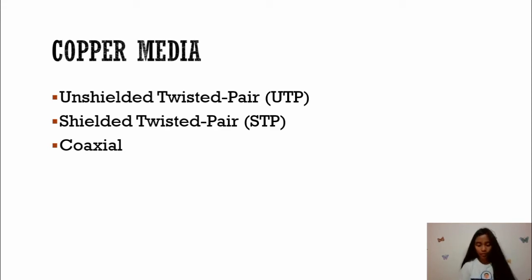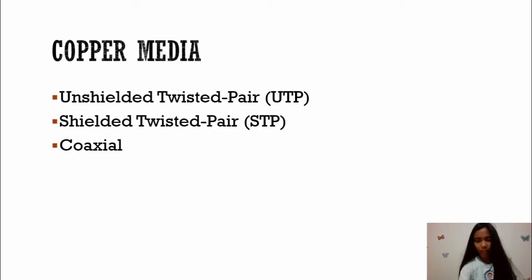The UTP cable consists of 4 pairs of color-coded wires that have been twisted together and encased in a flexible plastic sheath that protects from minor physical damage.